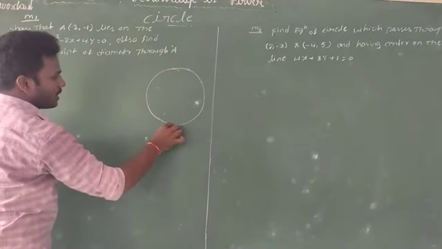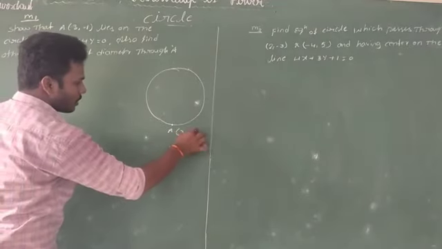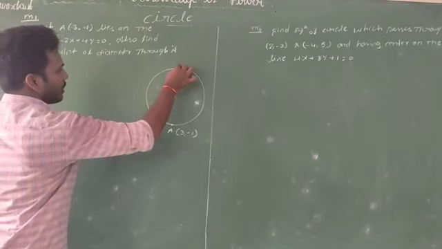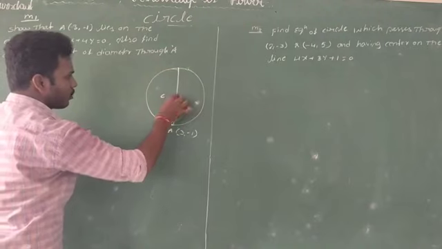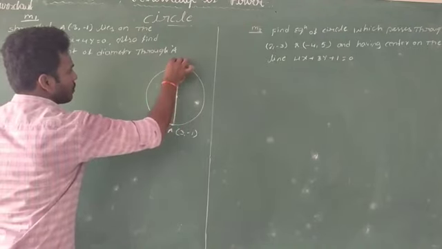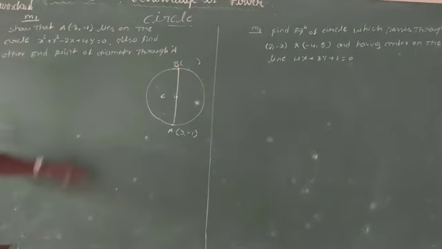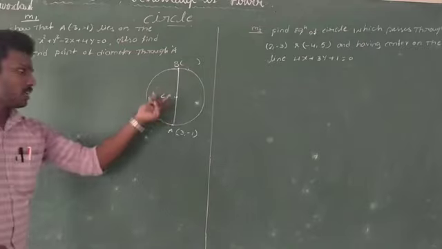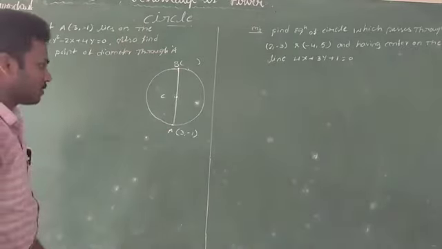Suppose one point A is taken, A is the point 3 comma minus 1. The center is C. The other end point means the diameter which is passing through C. So we need to find a point B. The other end point of the diameter through A means AB is the diameter. We need to find B. A is already given as the point 3 comma minus 1.